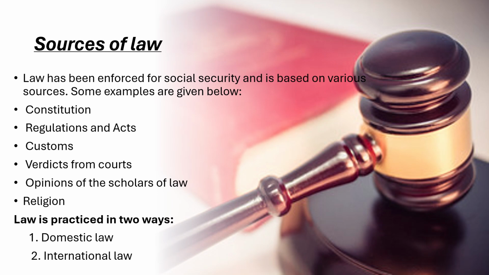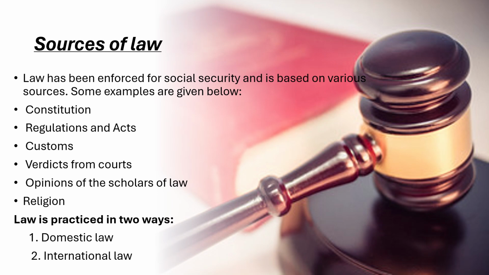Now we're gonna see some points of law and what law actually is. Law has been enforced for social security and it's based on various sources. Some examples are given below: constitution, regulations and acts, customs, verdicts from court, opinions from scholars of law, and religion.